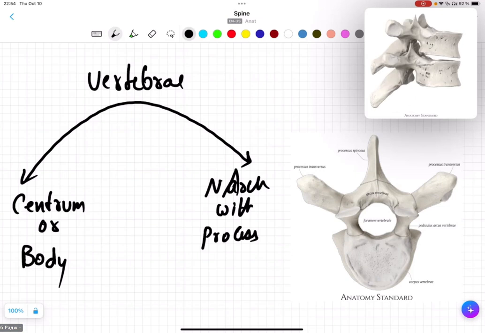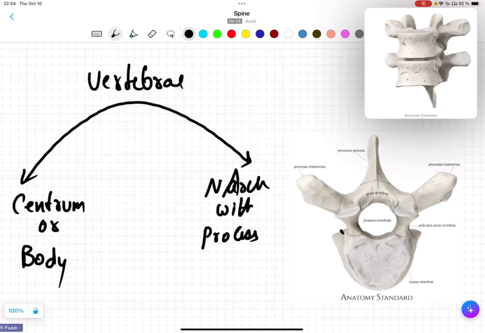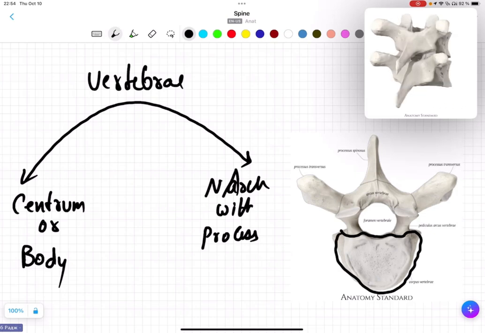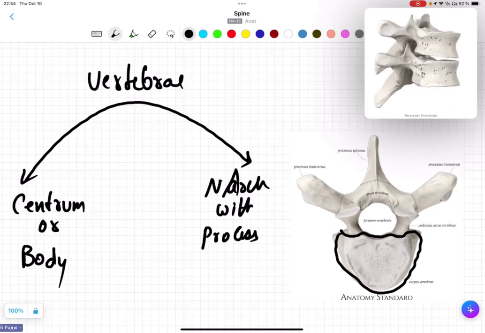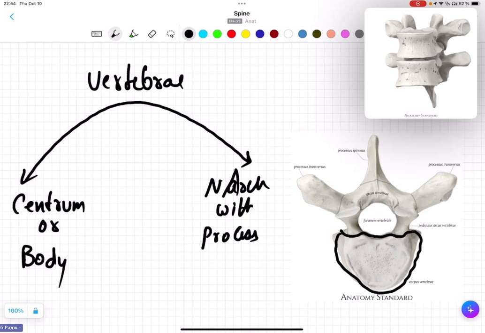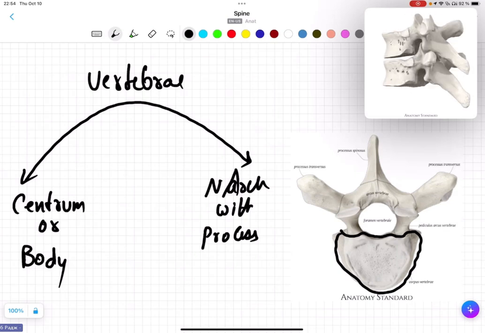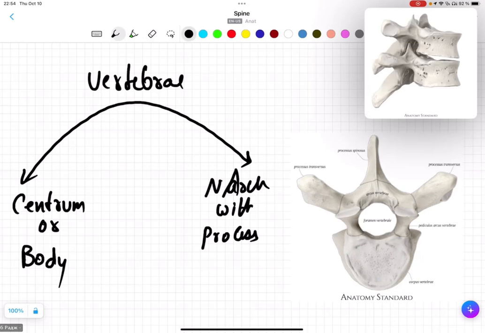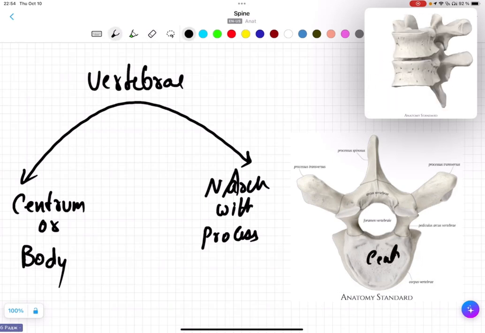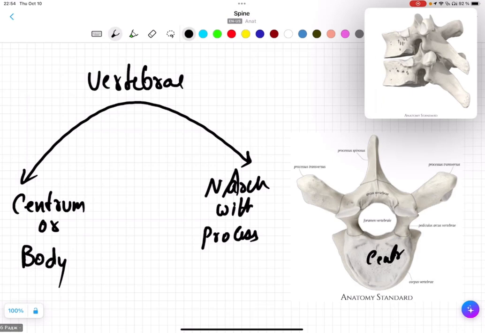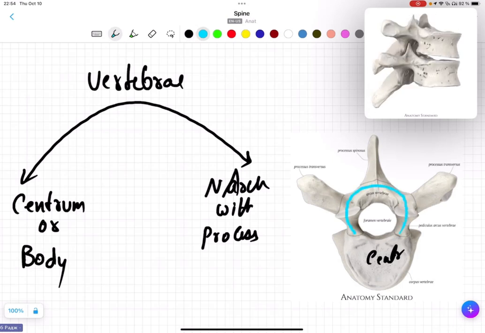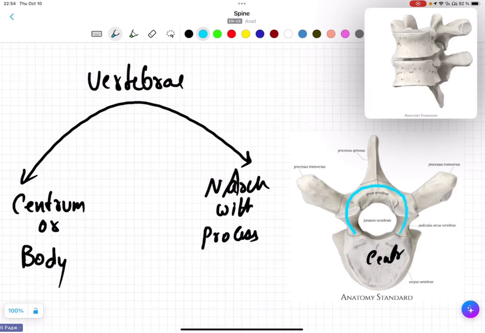See, this part that you see here is known as the body or the centrum of the vertebra. You can see in this video how it looks in 3D. This is your centrum, and the part that you see here, a circular arc-like structure, is known as the neural arch.